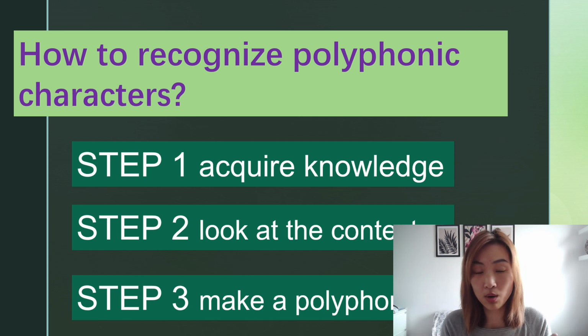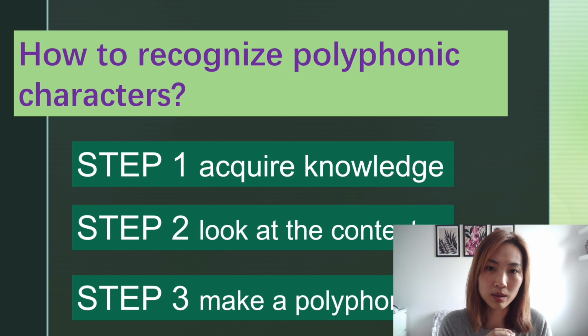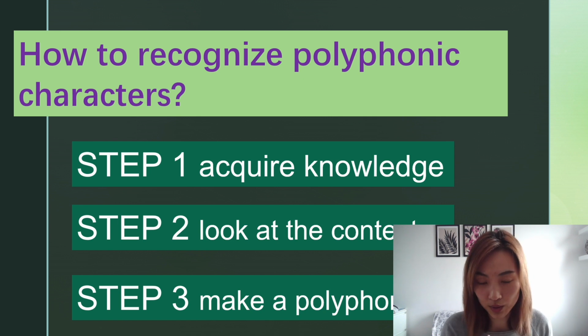You have a small notebook, and every time when you learn a polyphonic character, you write it in your small notebook. Eventually, you will have a lot, and you just revise them from time to time, and you will feel that's so much clearer next time when you do the reading.